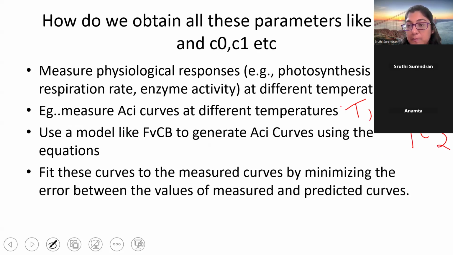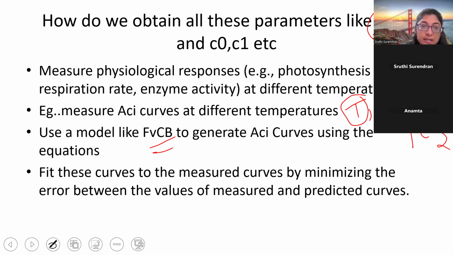When multiple ACI curves are taken at different temperatures, say T1, T2, T3, then we can fit the FvCB model to the measured curves to obtain how the C value and EA value vary with temperature, finding the coefficients that relate a parameter with temperature.